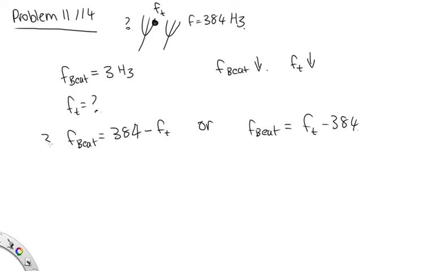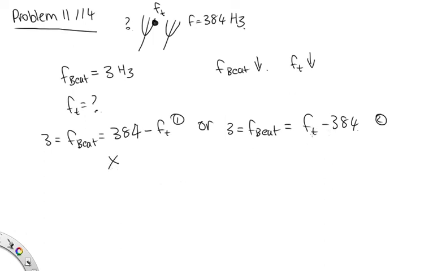And this is 3. Let's call this case 1 and this case 2. Now in case 1, where the frequency of the tuning fork is less than the 384 Hertz, if we decrease the frequency of the tuning fork, this number is actually going to increase. So that can't be the case. So let's consider case 2.